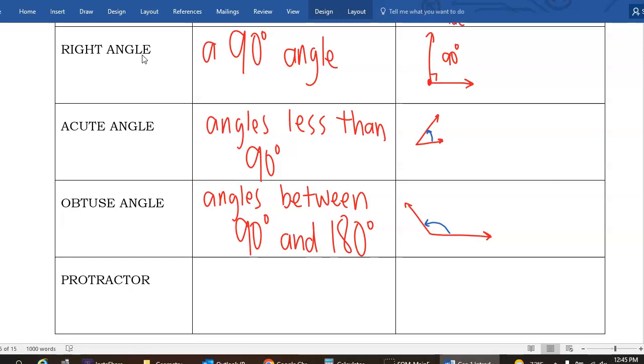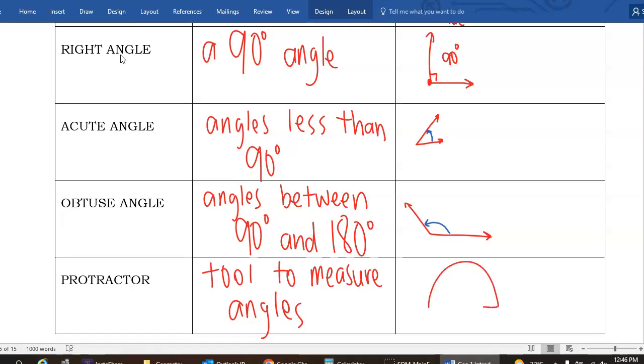Protractor. A protractor is a tool that we can use to measure angles. I have those to borrow in the classroom if you need. They look like a half circle, maybe like that.